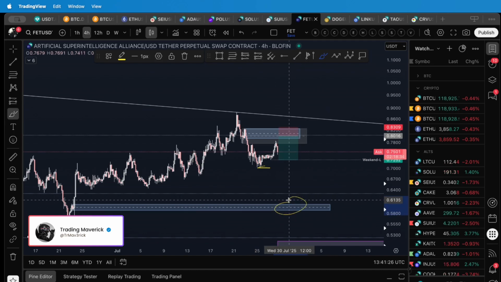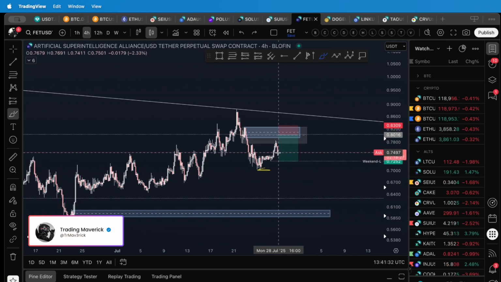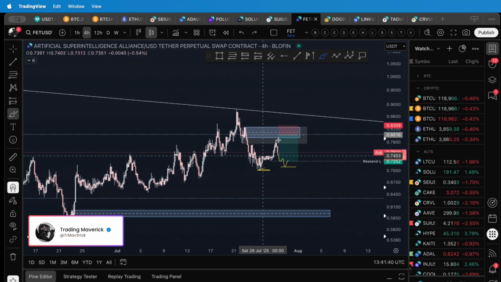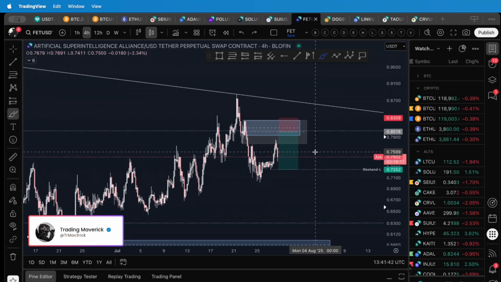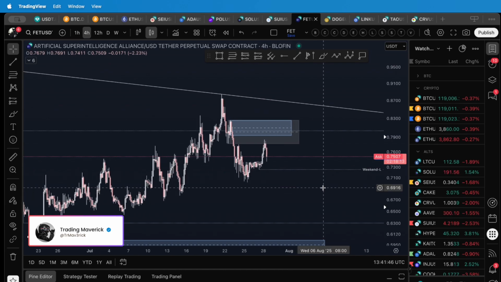One option would be to long here, or if a bigger correction is due, below. Otherwise, I think something like this. Maybe Monday low here and another sweep of all lows, and then we can long. So yeah, I'm keeping an eye on this one for setups tomorrow.